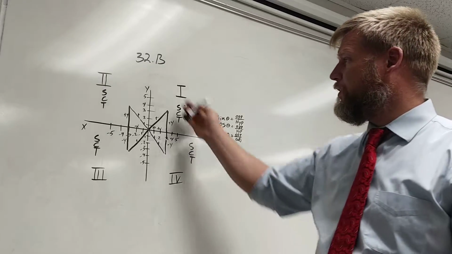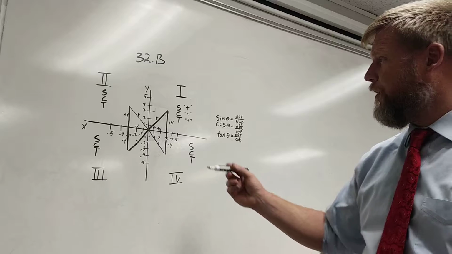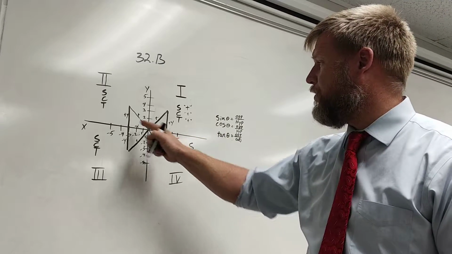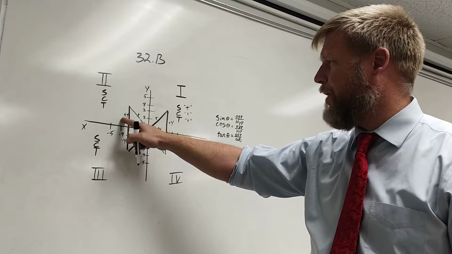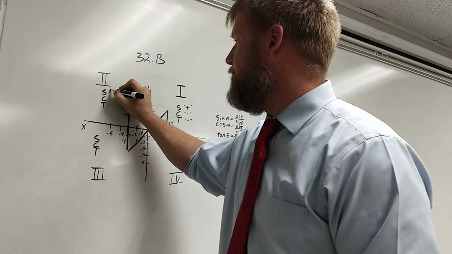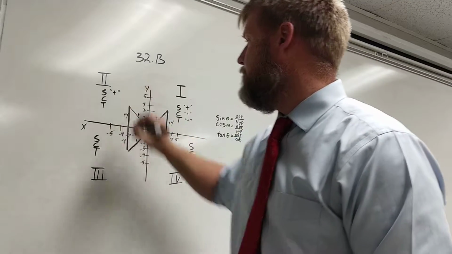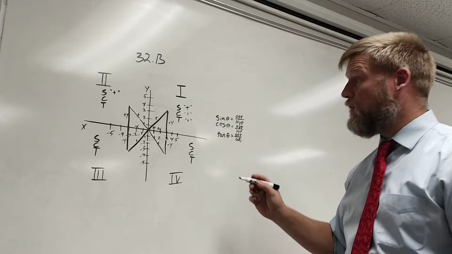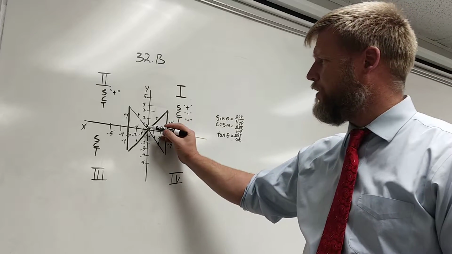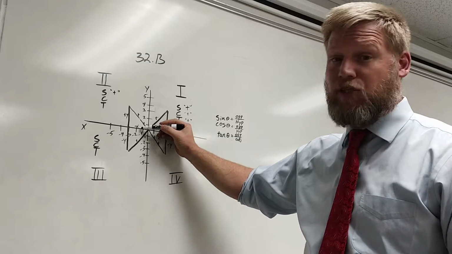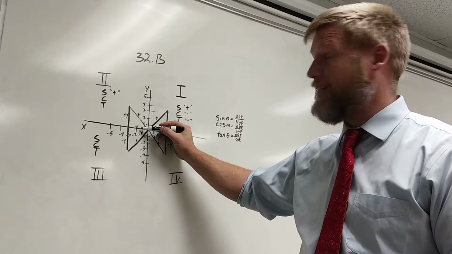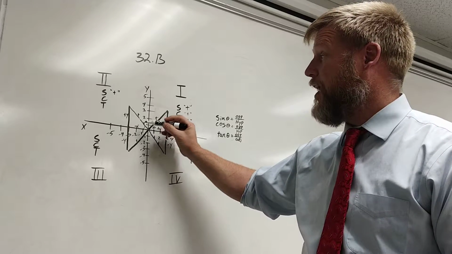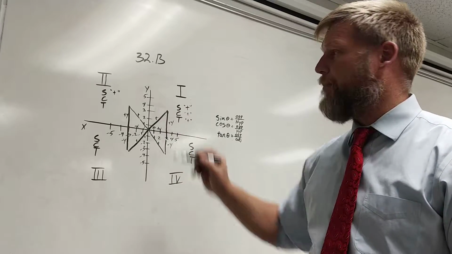If I jump over to the second quadrant, I'll look at it and realize my sine function, which is opposite over hypotenuse, a positive divided by a positive, is still going to be a positive. But then when I go to my cosine function, my cosine is my adjacent. So I'm looking at this angle here and I say my adjacent side is negative x. Negative x, so a negative divided by a positive.